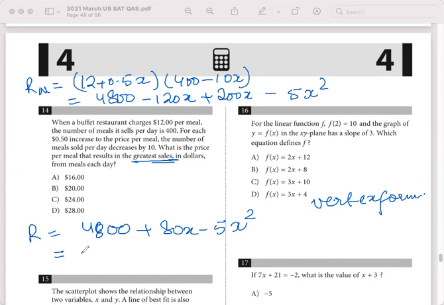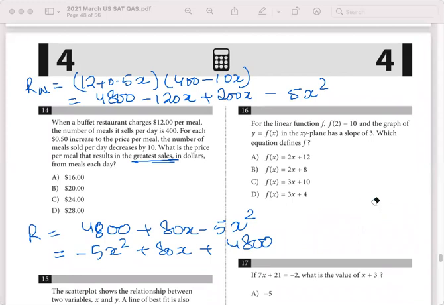So I'll rewrite this as minus 5x squared plus 80x plus 4800. I need a little more space, so I'll write this here. So I'll take minus 5 common: x squared minus 16x, and 4800 is outside.